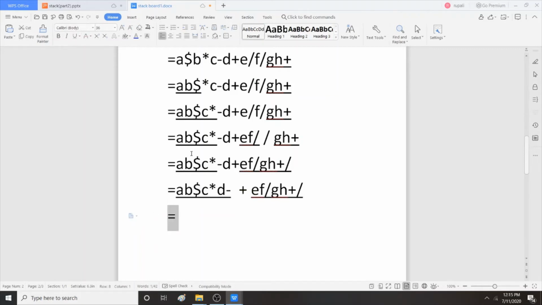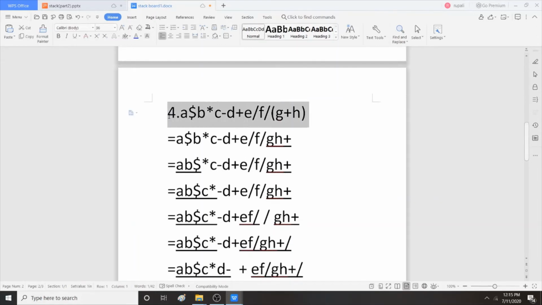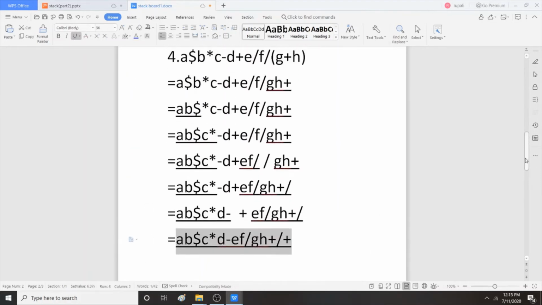It will be, first copy this one, then copy this one, first write this one, then this one, and then finally this plus. So this is our result after converting this expression from infix to postfix.